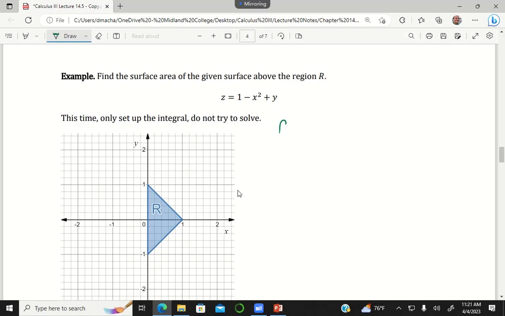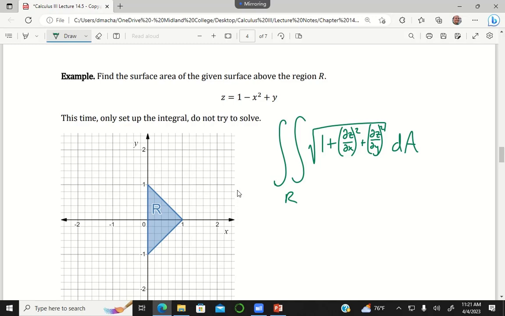So I need my formula. I need the double integral over some region of the square root of 1 plus the partial with respect to x squared plus the partial with respect to y squared dA. That's going to give me my surface area.